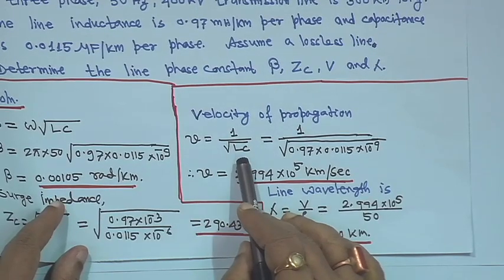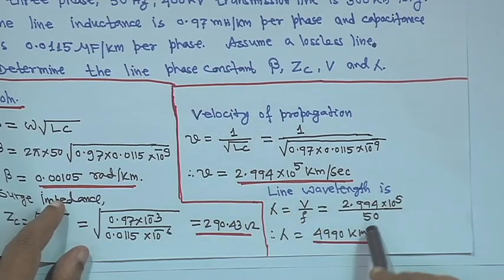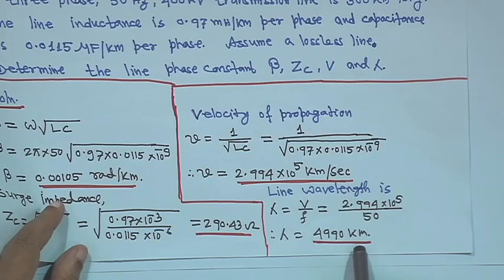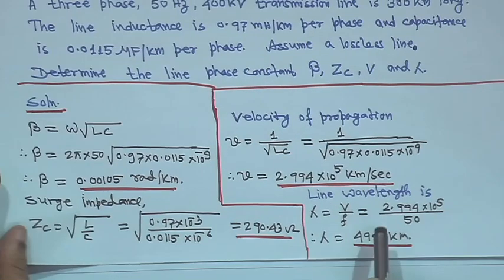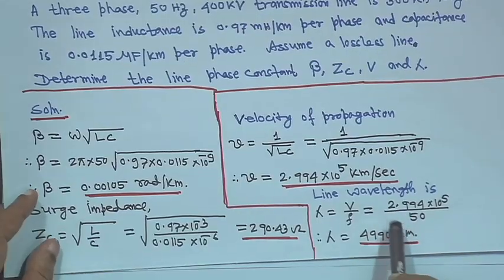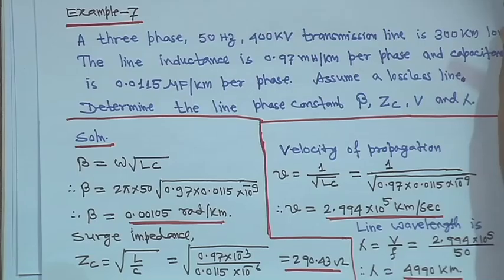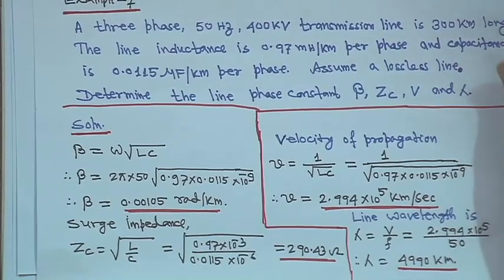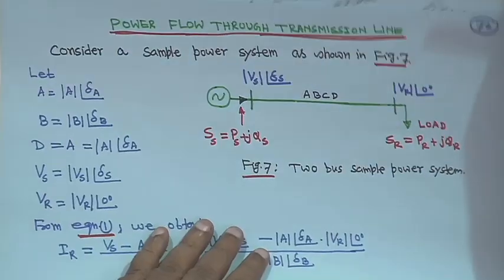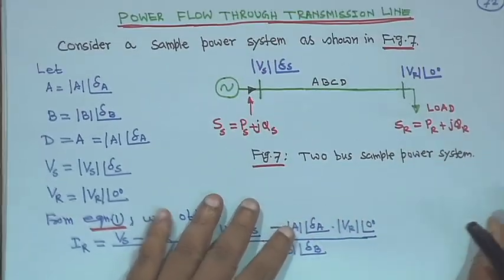Because V is computed here, you put the value of V divided by F. So, approximately 4990 kilometer. This is the small example for this. After this we will go to power flow through the transmission line, in terms of the A, B, C, D parameters.